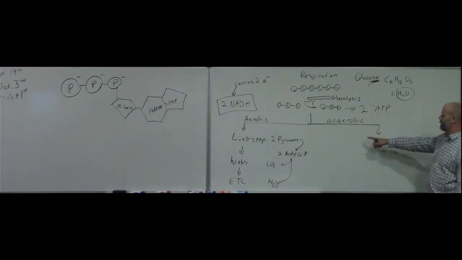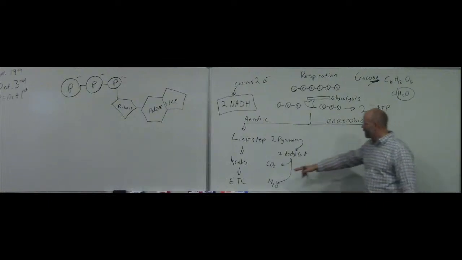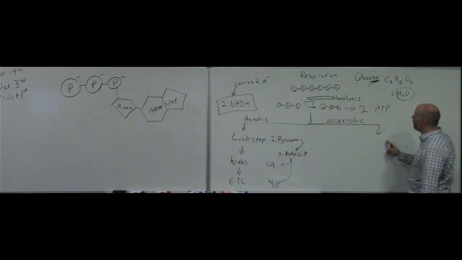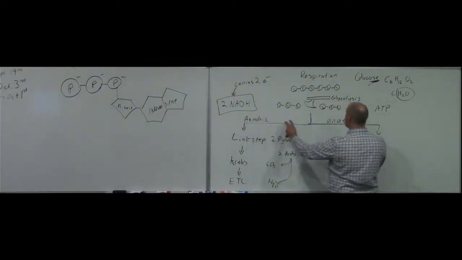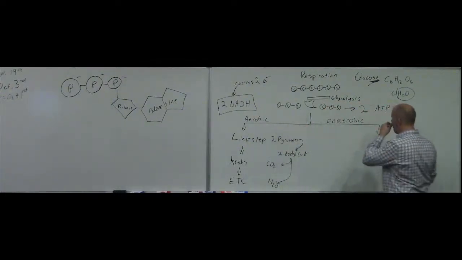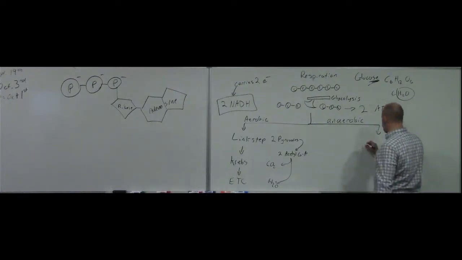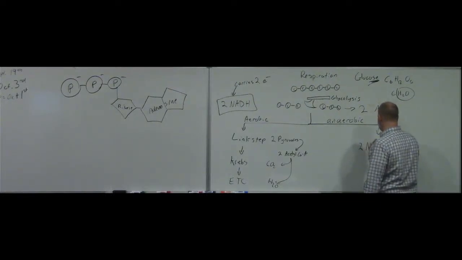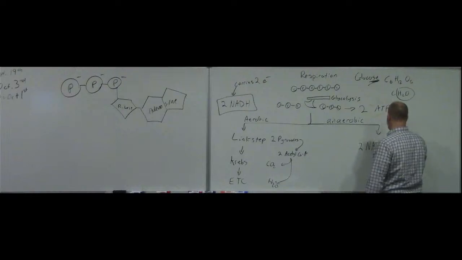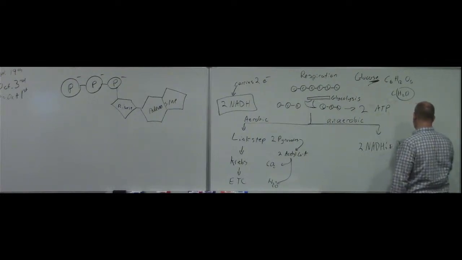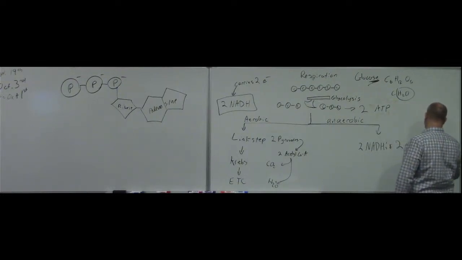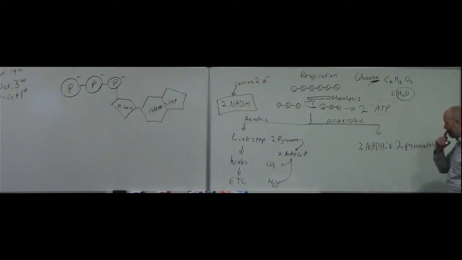Let's come over here, let's talk about the anaerobic side. So if I have oxygen, I'm going to go here. If I do not have oxygen, what am I going to do with my NADHs? On this side, we take our 2 NADHs and our 2 pyruvates, and we convert them.